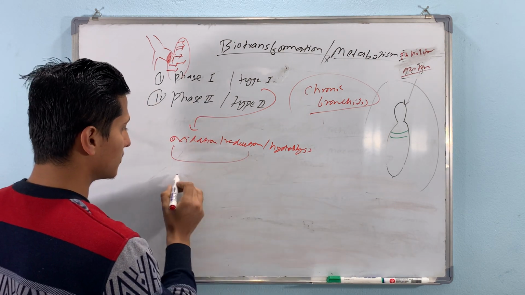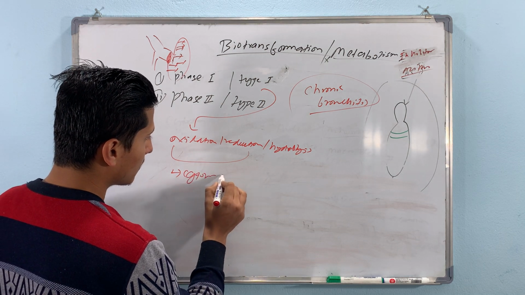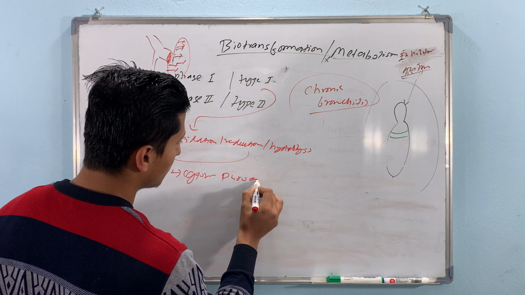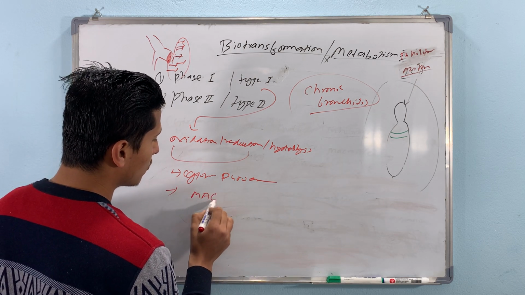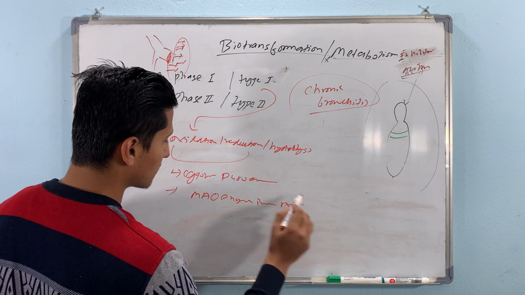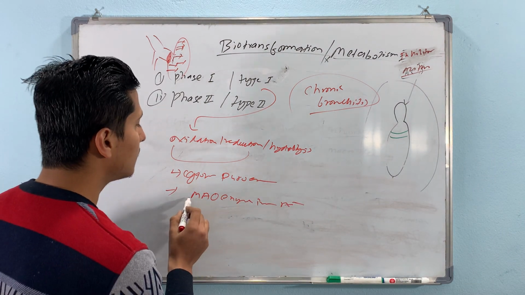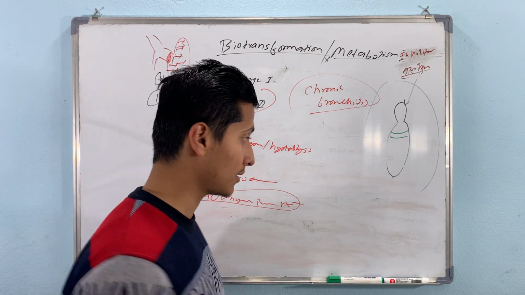So under oxidation and reduction, we talked about cytochrome P450 enzyme-involving reactions. Now we're talking about monoamine oxidase enzyme-involving reactions. And in this type of reaction, there's one very important point we need to discuss.